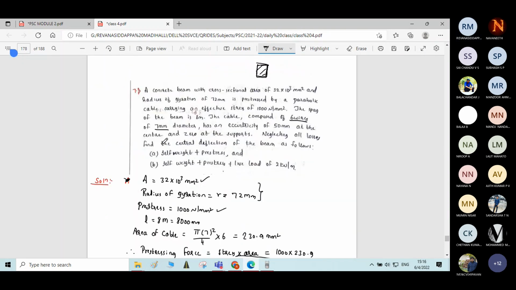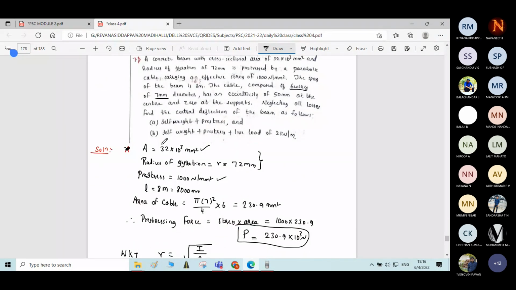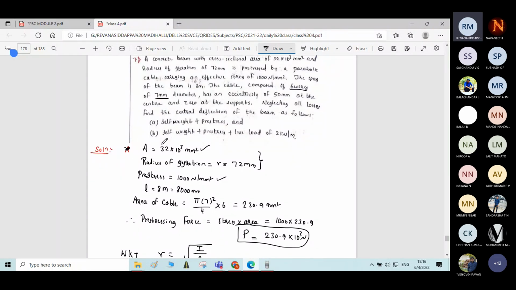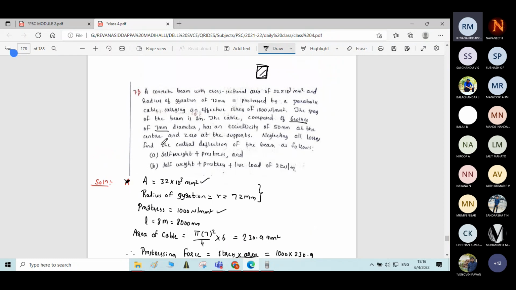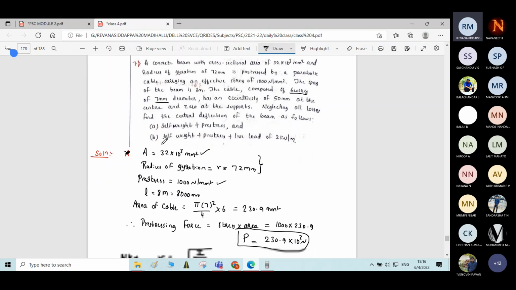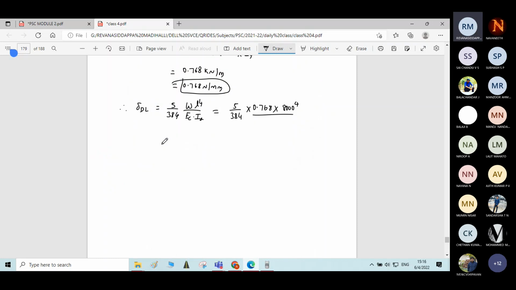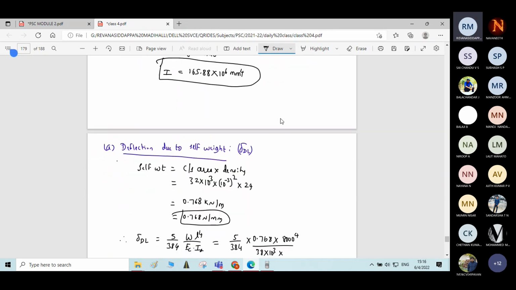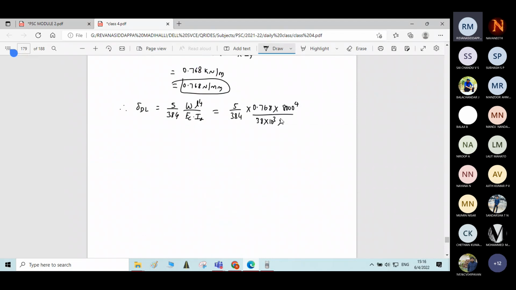Is EC given? Young's modulus of concrete is not given, so you need to assume the standard value which we used for the previous problems. It is 38 into 10 power 3. And the moment of inertia we have just calculated, that is 165.88 into 10 power 6.